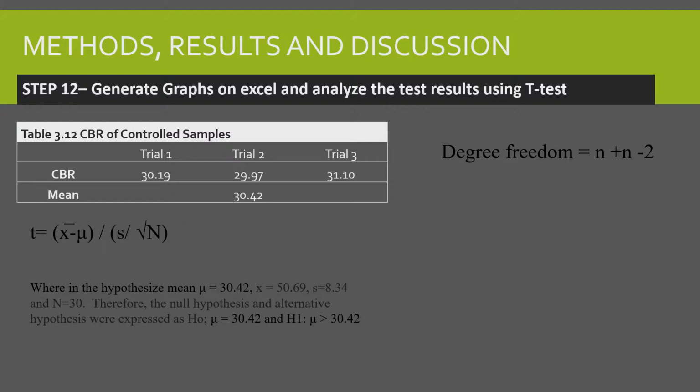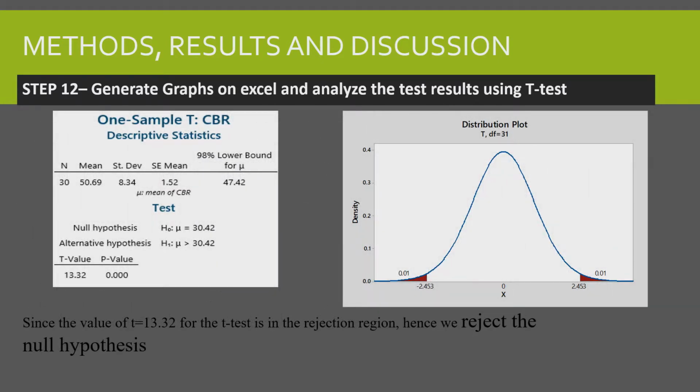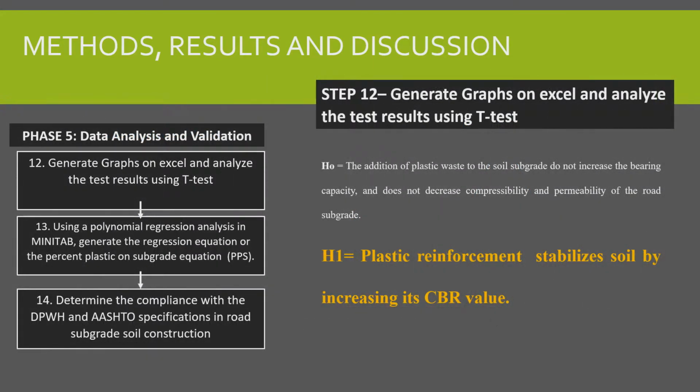We then use the formula displayed on the screen to get the value of t and perform a t-test with degrees of freedom of 2. Based on the one-sample t-test performed on CBR values, we could see that the t-value is 13.32, which is in the rejection region. Hence, we reject the null hypothesis and conclude that plastic reinforcement stabilizes soil by increasing its CBR value.